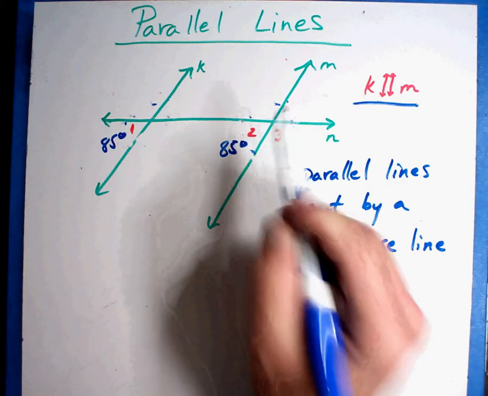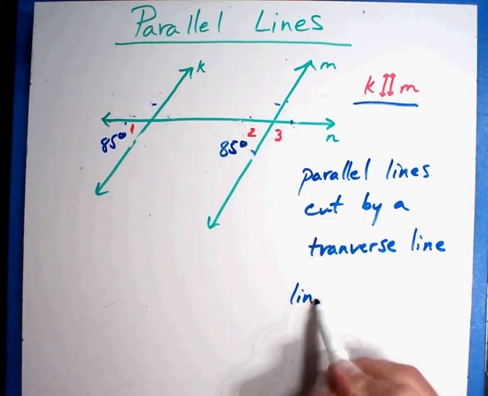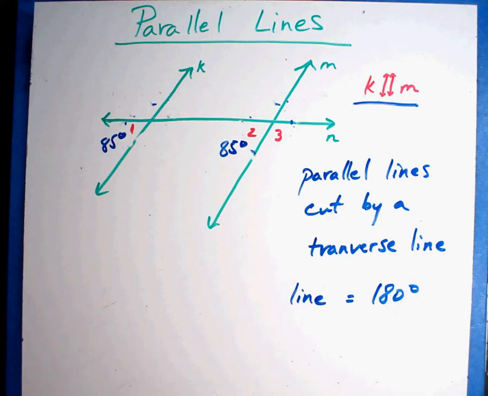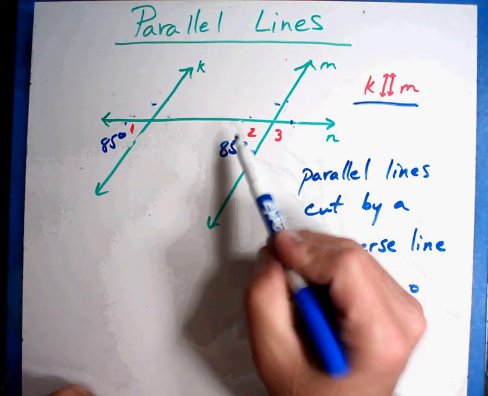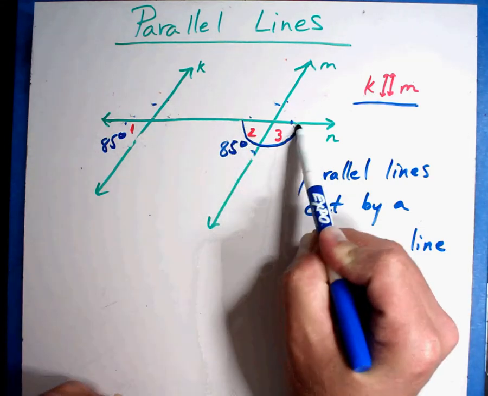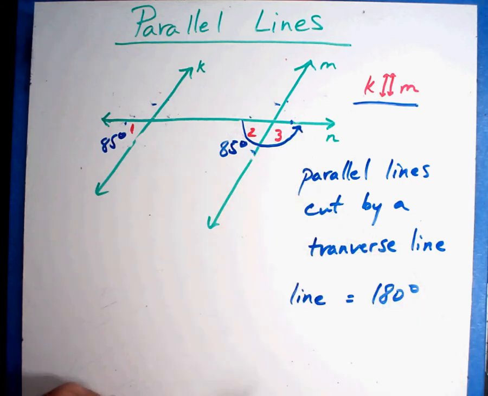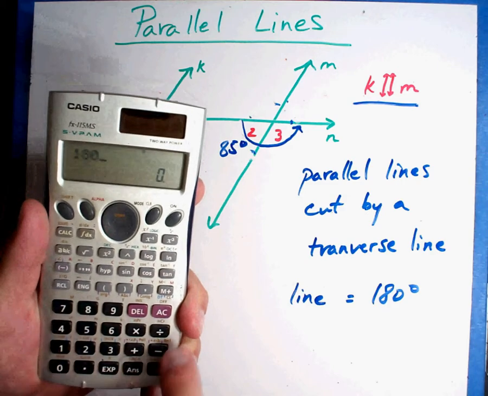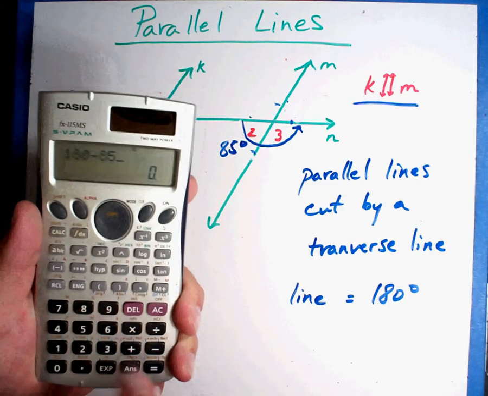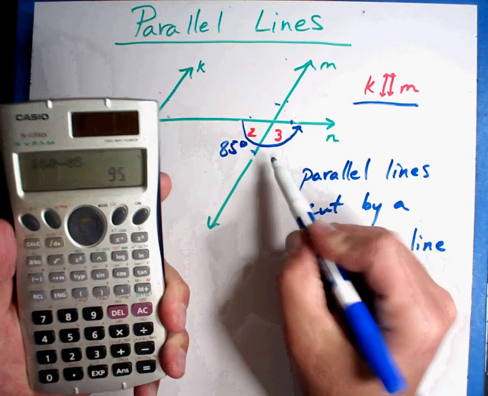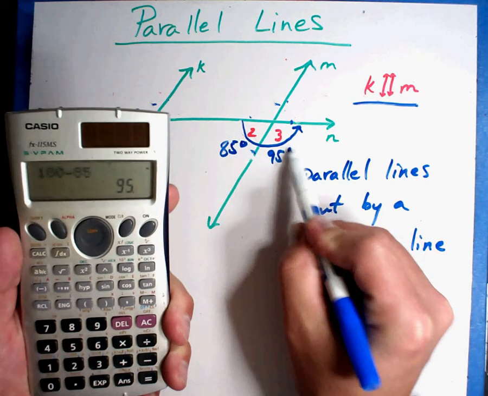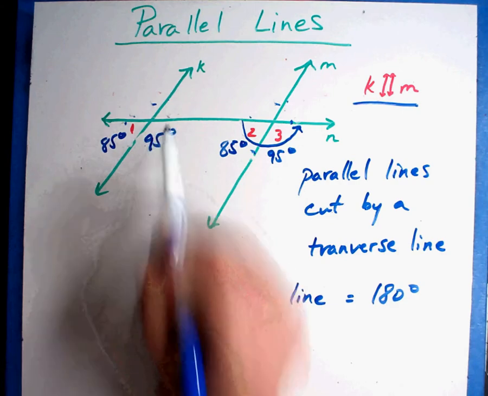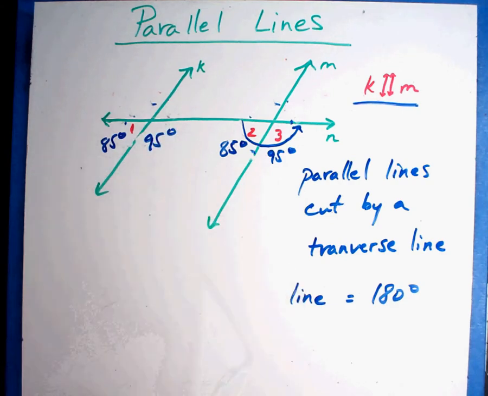And a straight line equals 180 degrees. So if I take my calculator and I take 180 degrees minus 85, I just figured out that this is 95 degrees. So that also means that this is 95 degrees, even though they didn't ask me on this question.